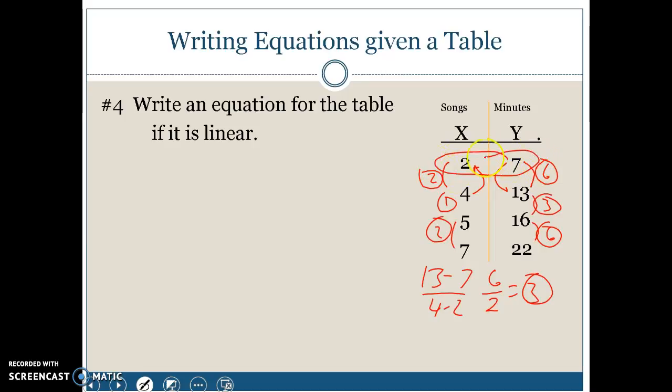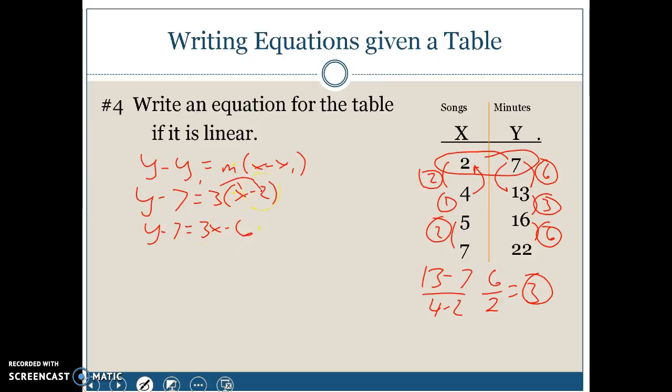Let me pick the first point because it's the smallest numbers, and I'm going to go y minus y1 equals the slope times x minus x1. So in this case, I'm going to have y minus 7 equals the slope, which is 3, times x minus 2. And if I distribute the 3, I'll have y minus 7 equals 3x minus 6. And if I add 7 to both sides, then I'll have y equals 3x plus 1.